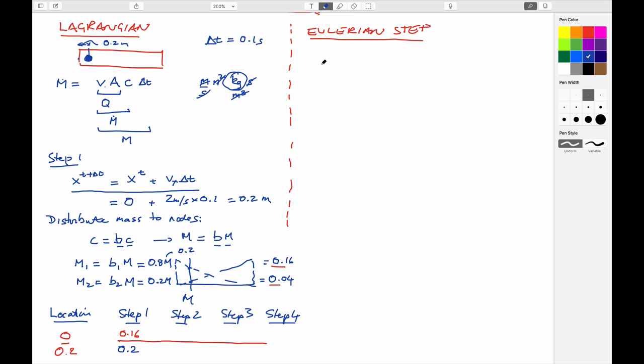The Eulerian step is that we're solving this equation, which is dm/dt equals D star d2m/dx squared.